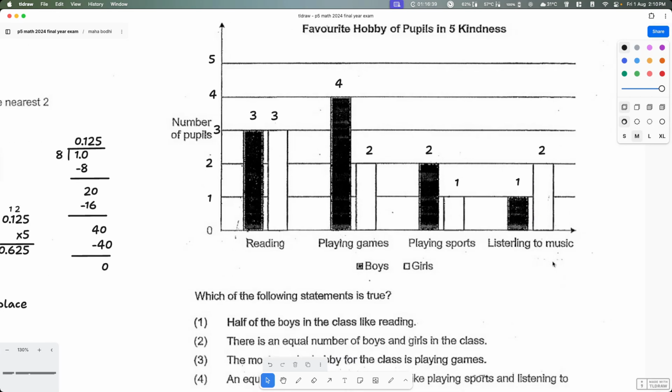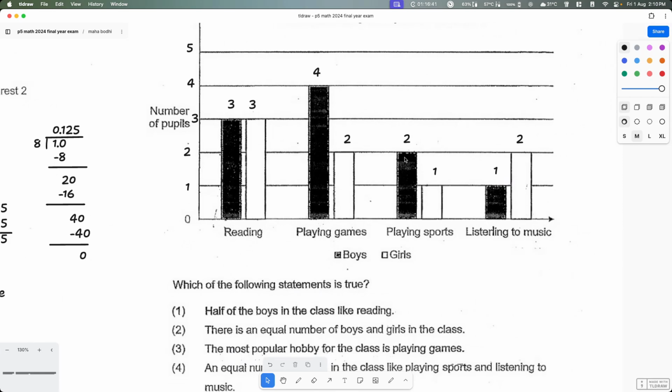Okay, so in this case, we will just have total boys is equal to, so in this case, we have 3 plus 4 plus 2 plus 1. 3 plus 4 plus 2 plus 1 is equal to 10, right? So 7 plus 3, 10. Okay, total boys is 10. And then reading, 3. So reading is 3.